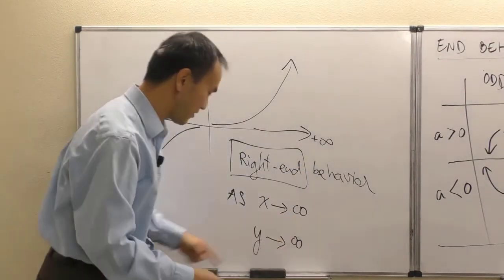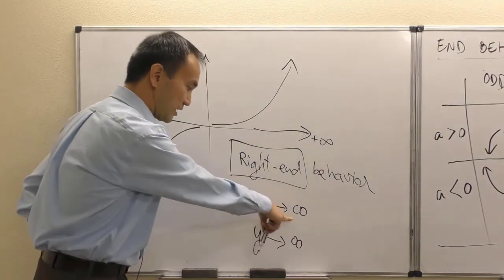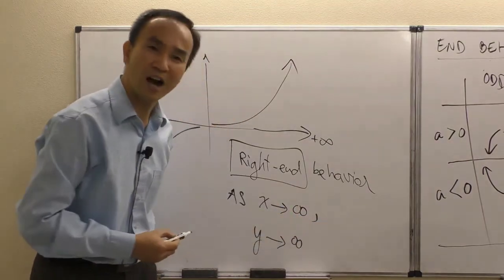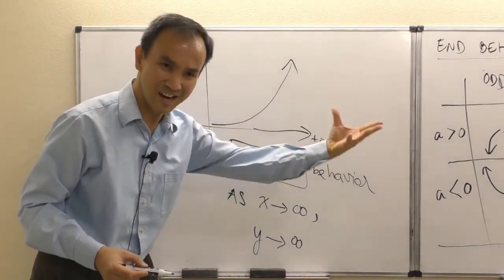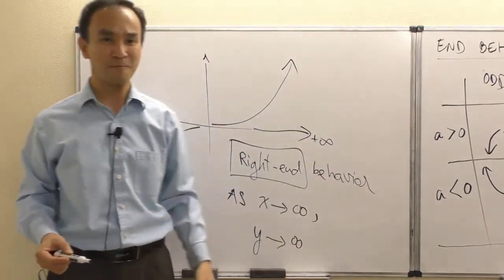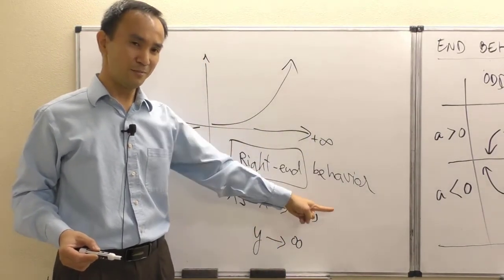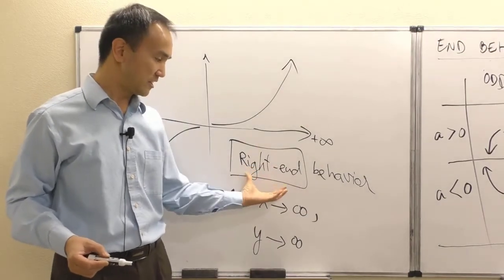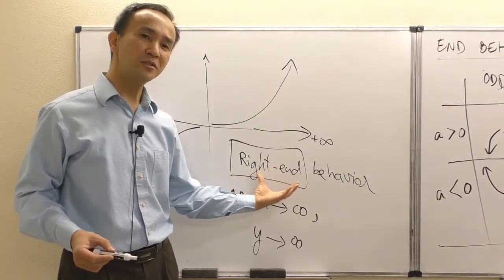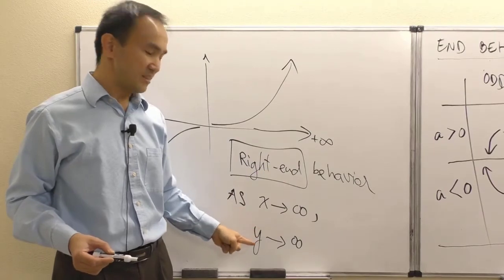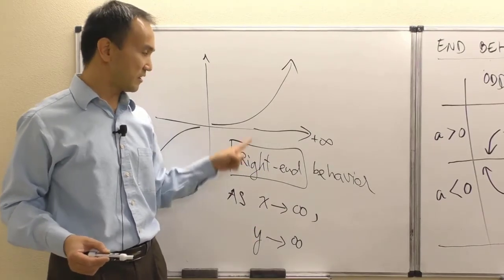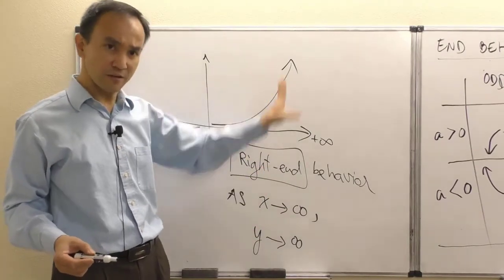So as we get to the right end, should I put a comma to make it an actual grammatical sentence right there? As our x values tend to positive infinity, or generally as we're getting further and further to the right end, our function behaves in a way that the vertical values, in this case, go up.